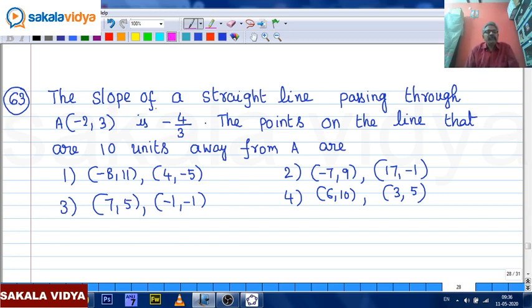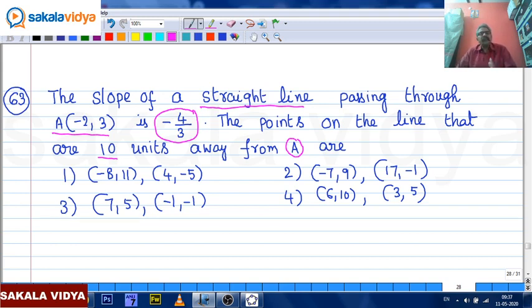The slope of a straight line passing through A minus 2 comma 3 is minus 4 by 3. The points on the line that are 10 units away from the point A. That means we need to find out the points which are at a distance of 10 units from A minus 2 comma 3 whose slope is minus 4 by 3. So here we need to use the parametric equations.